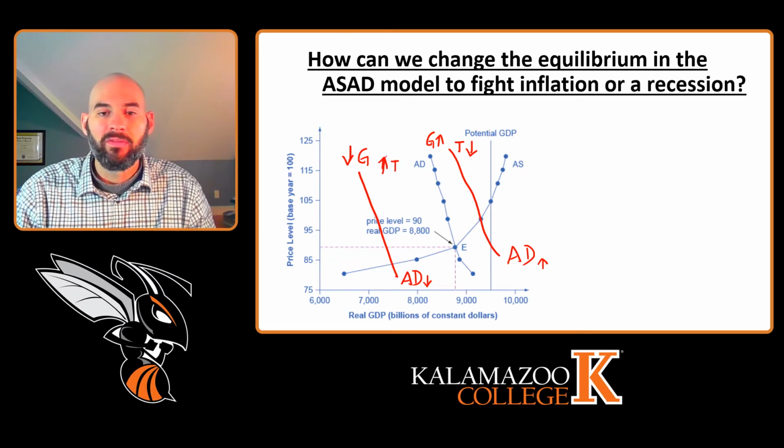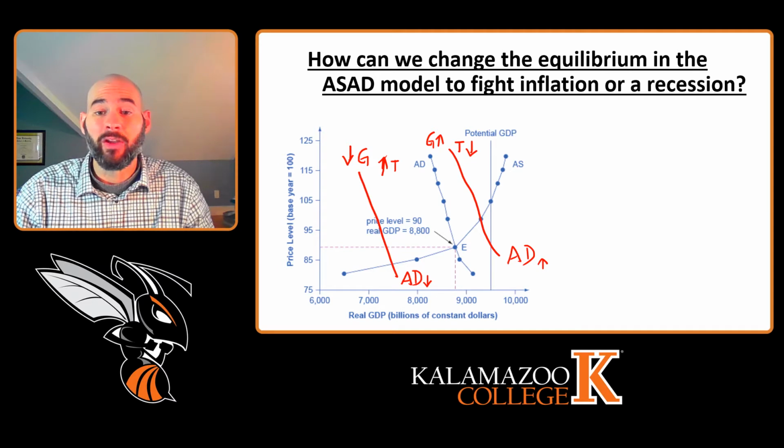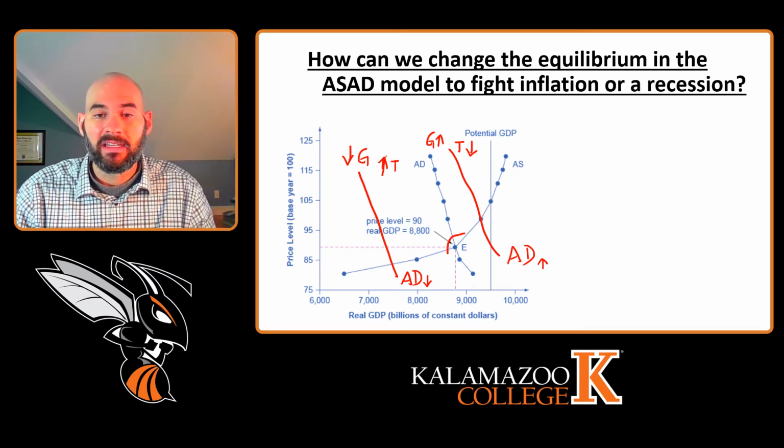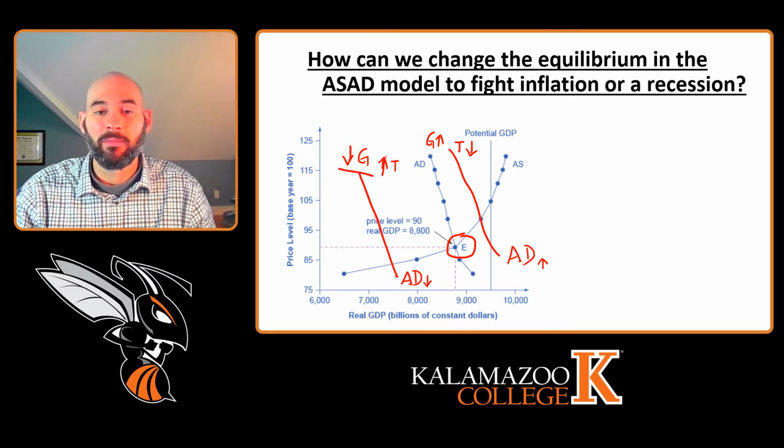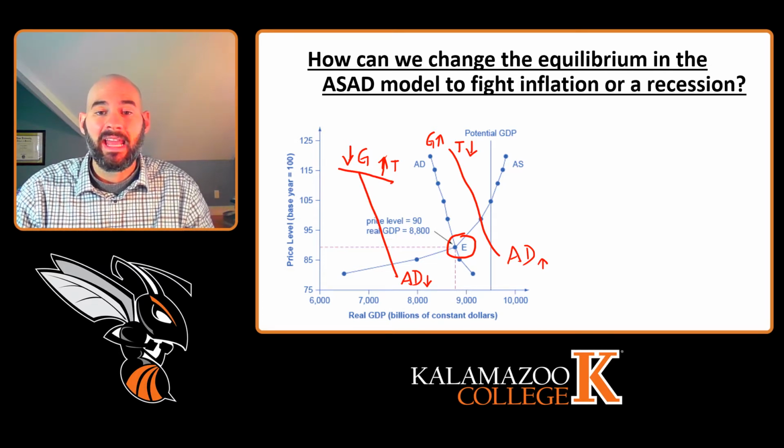And both of those may be valuable at different times based on where our macroeconomic equilibrium is, that we may want to increase taxation or decrease government spending if we're trying to limit price increases, and we may want to increase government spending and decrease taxation if we're trying to decrease the level of unemployment or achieve economic growth.